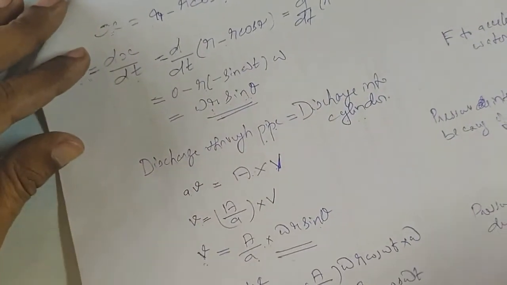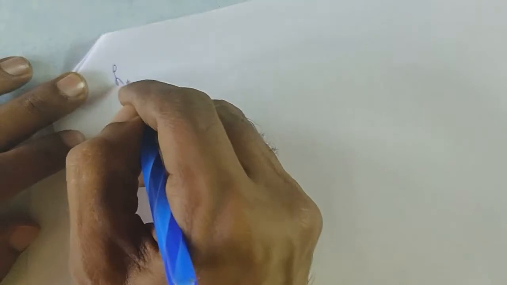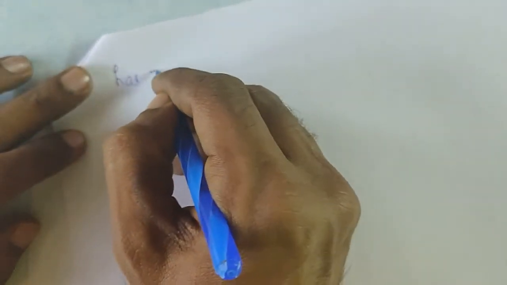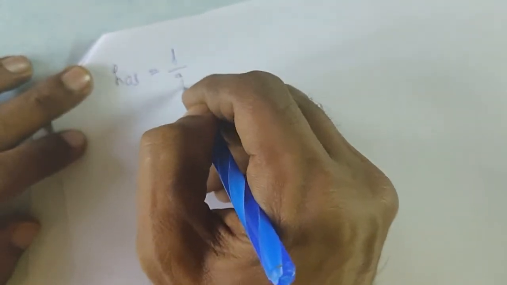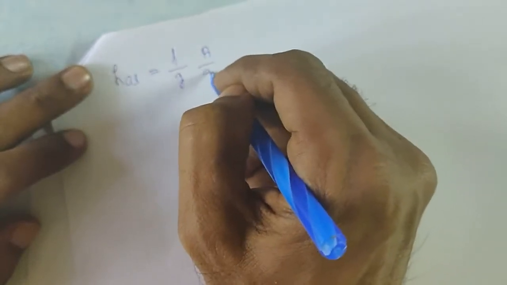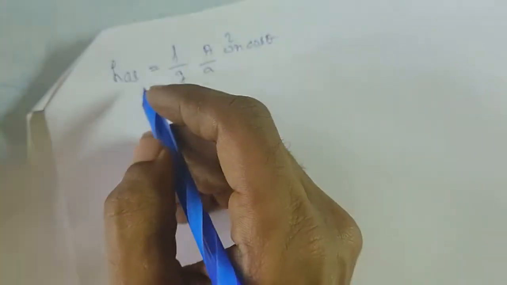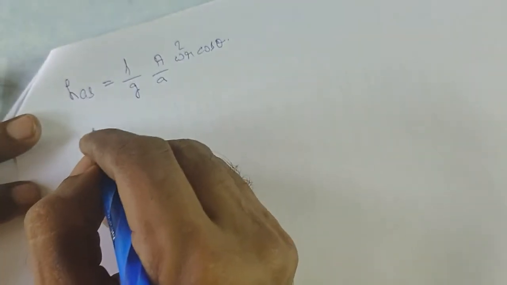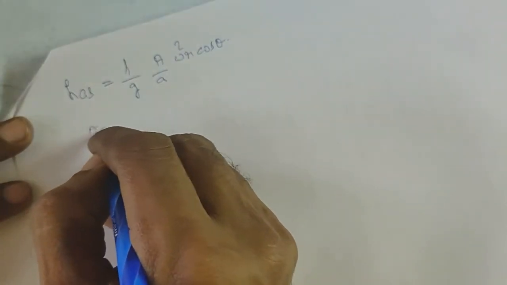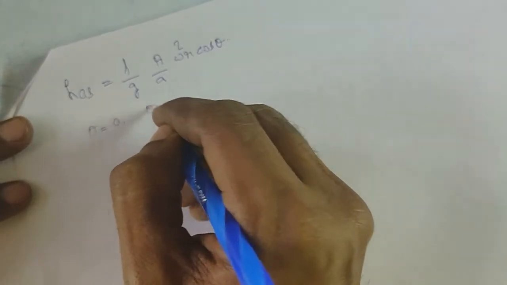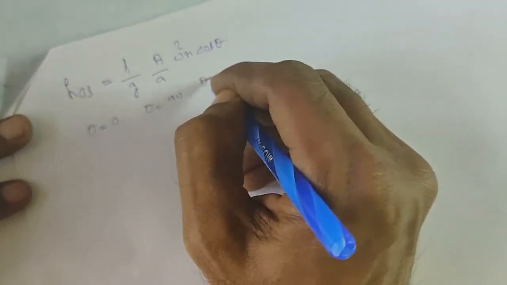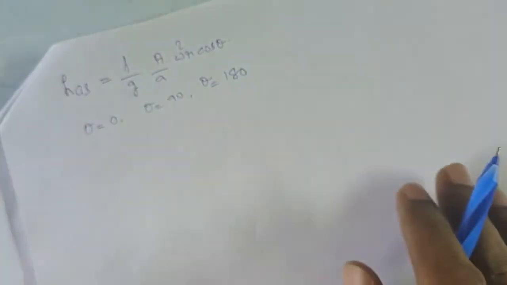The formula is, the acceleration head HAS is equal to L by G, A by a, omega square R cos theta. So we can find out the value when theta is equal to 0, when theta is equal to 90, and when theta is equal to 180.